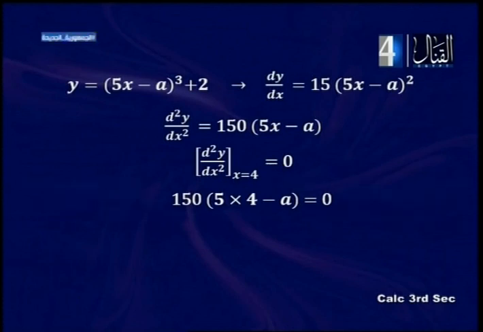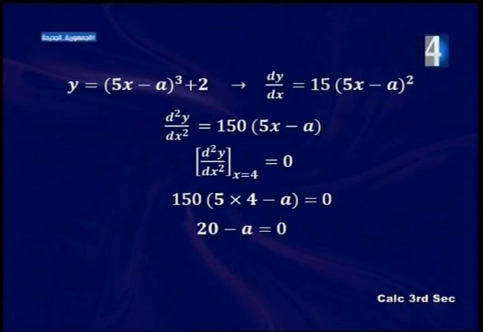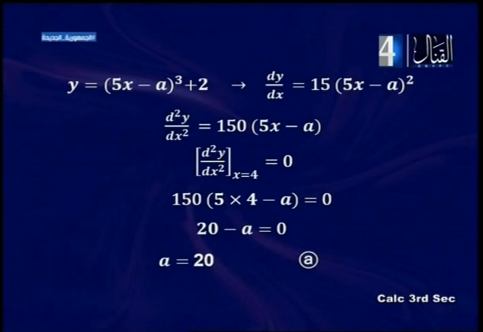Then 20 minus a equals 0 and a equals 20. Then the curve of the function y equals 5x minus a all to the power 3 plus 2 has an inflection point at x equals 4. Then the constant a must equal 20. Now we can choose letter A.